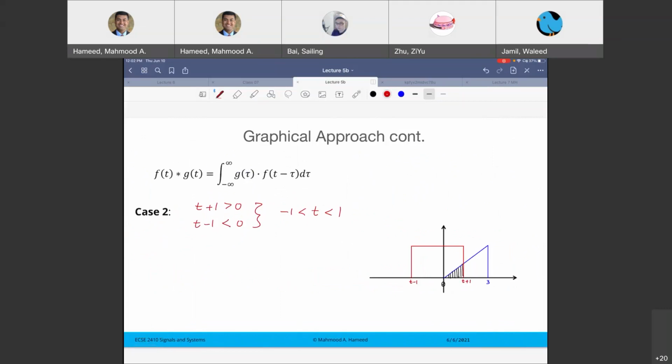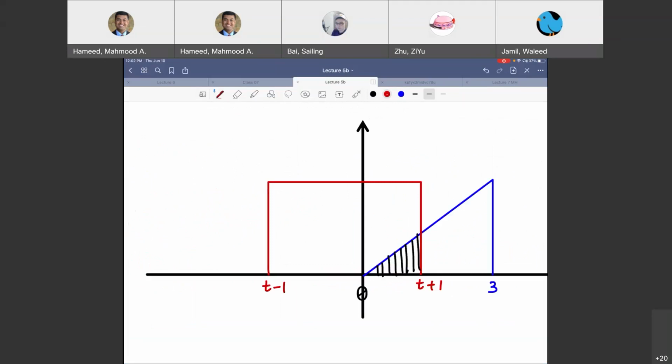Okay, what are the limits going to be? y of t equals. What are the limits? All right, this should be easy, you guys. Where are we multiplying the signals? The lower limit is what? Upper limit is what?